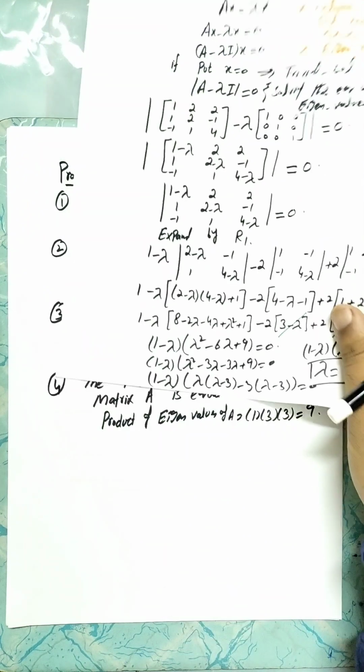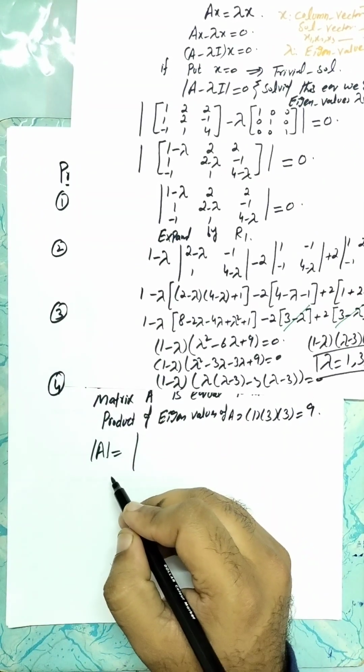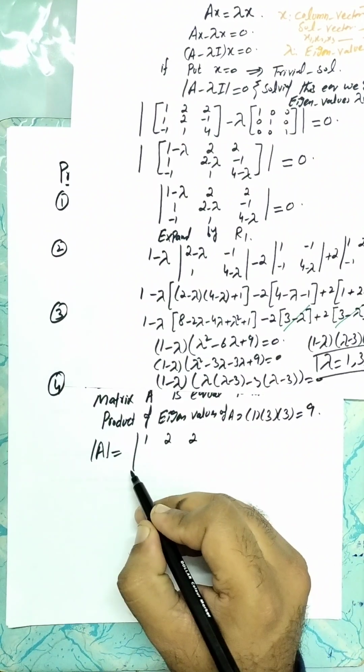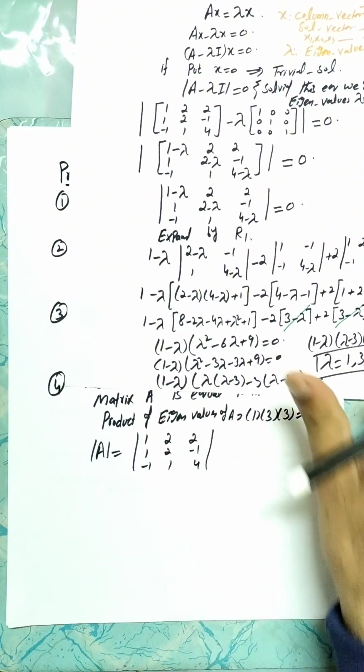So we find the determinant of A here. The matrix is 1, 2, 2, 1, 2, minus 1, minus 1, 1 and 4.